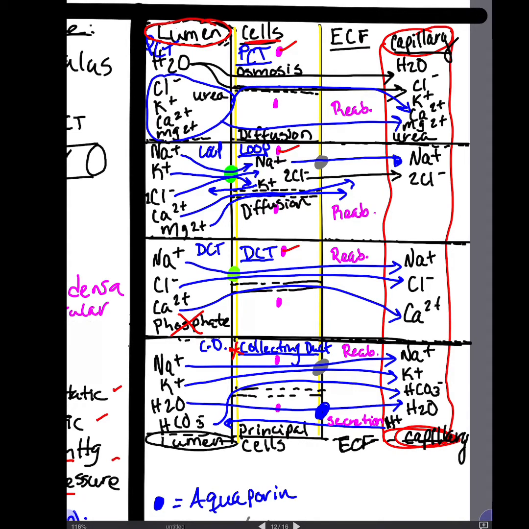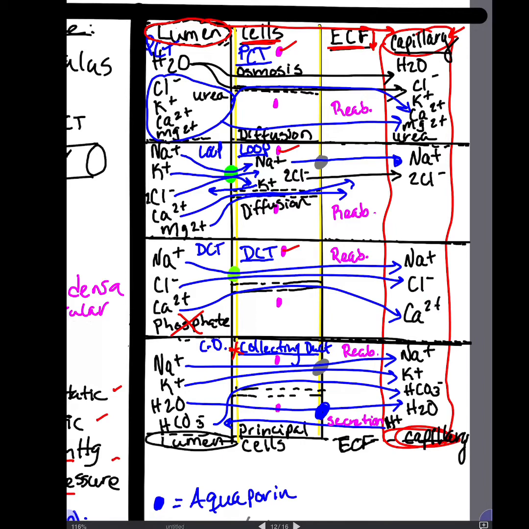This right here represents the cells. This right here represents the extracellular fluid. And then last but not least, the capillaries. So what I'm showing you here is how we move all the way from the lumen through the cells, through the extracellular fluid into the capillary, or vice versa.